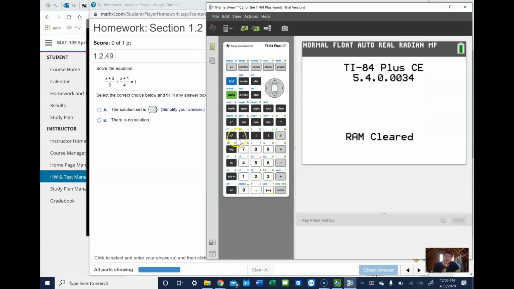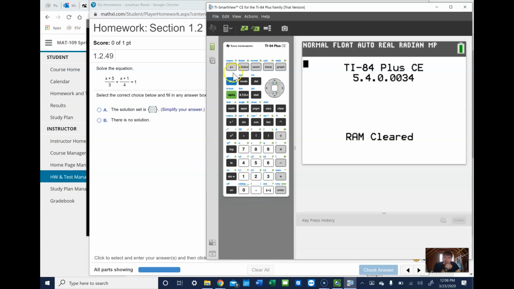It's like a TI-84 emulator on my computer screen. If you want to download this for your computer, you can. Just Google TI-84 Smart View, and it should take you to that. Be able to download that.